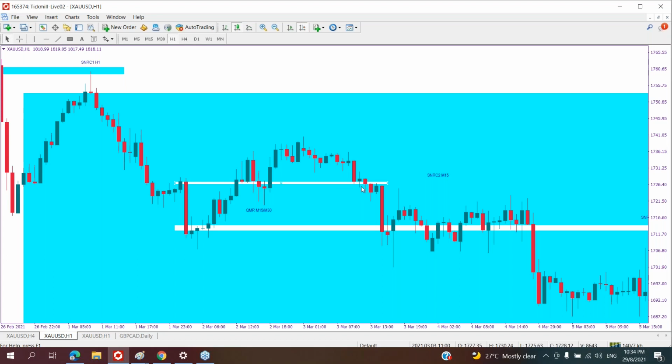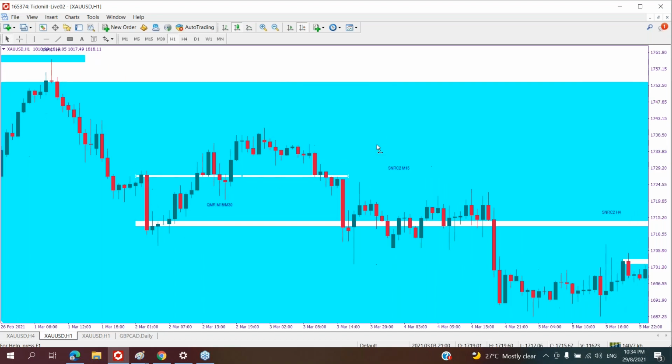If I see that the price closes beyond, exceeds the entry point, I will start to cut loss.